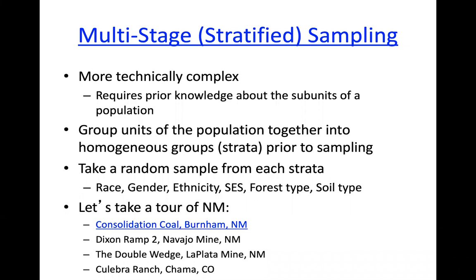But if you're looking at a population, you have to rely on a census to figure out how many people of a certain race, ethnicity, gender, socioeconomic status are in a certain group of population.